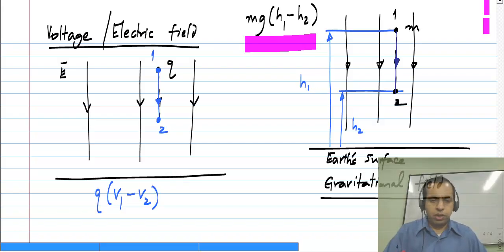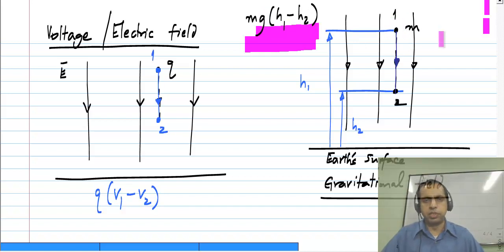So now, instead of dealing with the gravitational field directly, what can be done is to deal with the gravitational potentials. Now you know that the energy gained is proportional to the mass itself, and mass is the property of the object that is placed in the field. Okay. Whereas this part of it, g times (h1 minus h2), that's a property of the field itself.